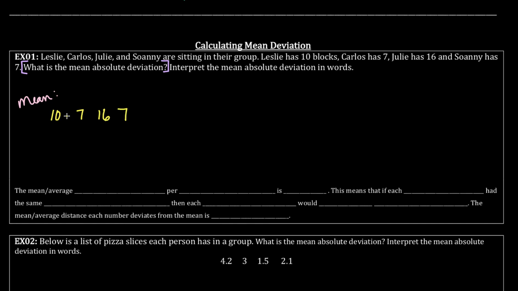I'm going to add all these together, and I get 40 total blocks. And then I'm going to divide it by how many people I have, and I get 10 blocks per person.